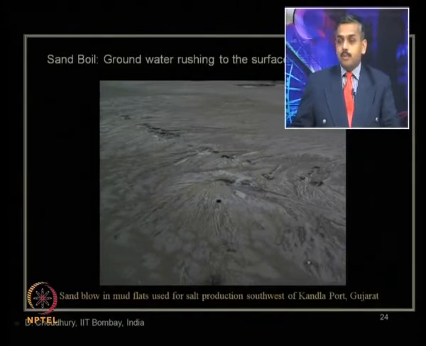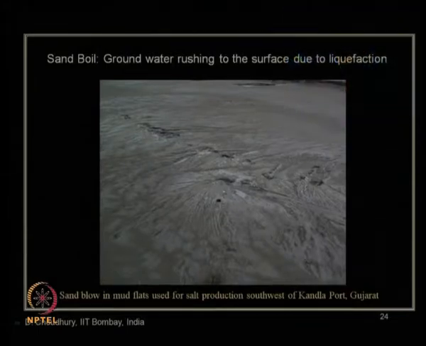This is the picture which occurred at the Kandla port in Gujarat soon after the Bhuj earthquake in 2001 in India. So, that is a sand blow in mud flats used for salt production southwest of Kandla port, Gujarat. So, this is the soil boiling or sand boiling due to the liquefaction on the ground surface.